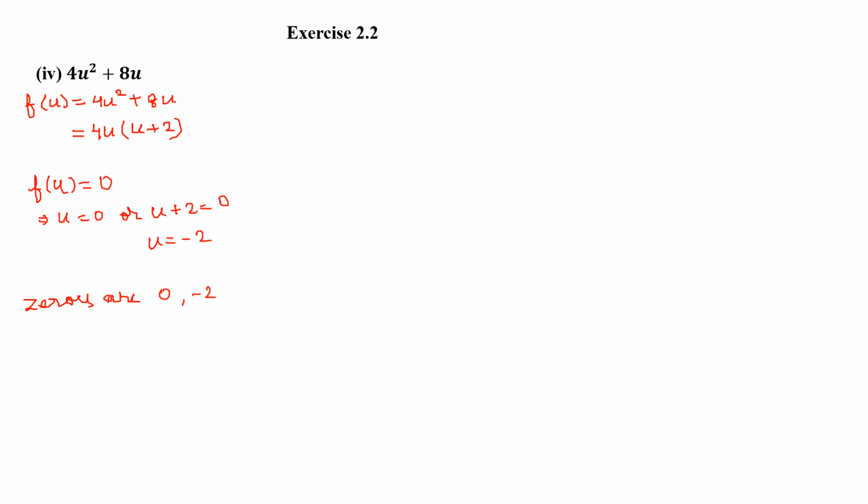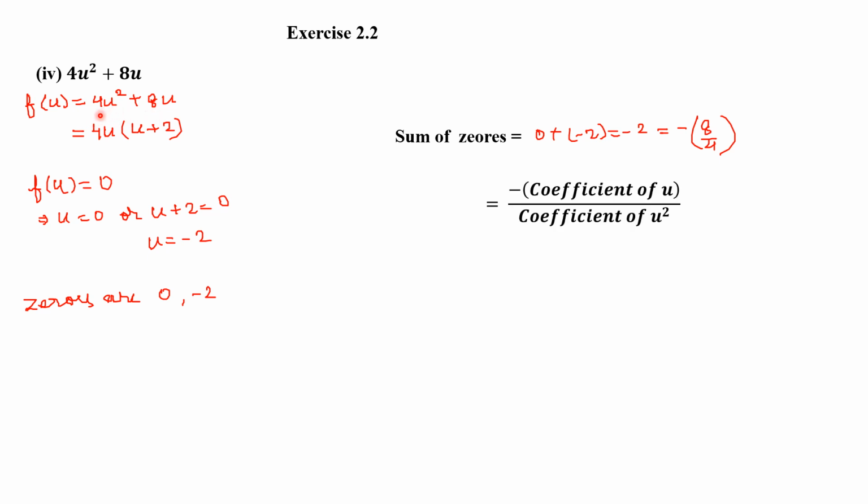Now let's verify the relation. So the sum of the zeros is 0 plus minus 2, which will give me minus 2. And this I can write as minus of 8 by 4, isn't it? And what is 8 here? 8 is the coefficient of u. If you see here, 8 is the coefficient of u and 4 is the coefficient of u square. So it satisfies this relation: minus coefficient of u by coefficient of u square.